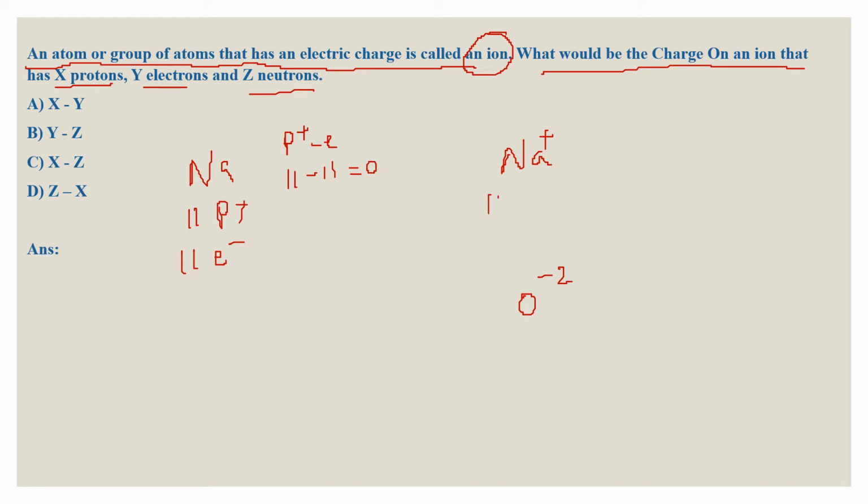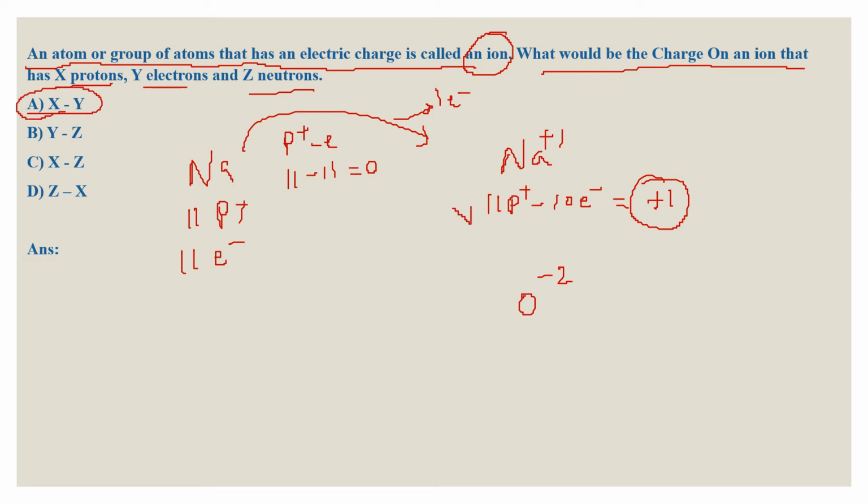Suppose 11 protons minus 10 electrons, because sodium is ready to donate 1 electron. After donating 1 electron, it will become Na plus. Then you will get charge plus 1. So you will get protons minus electrons always.